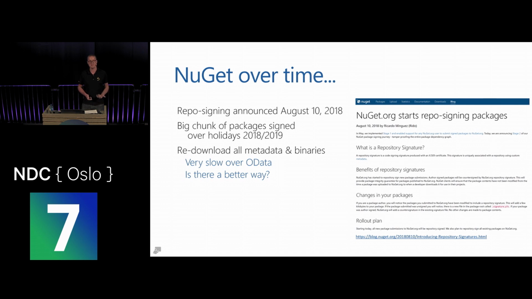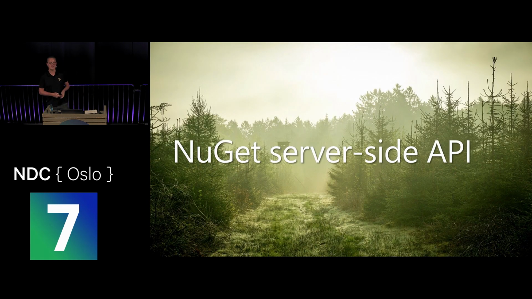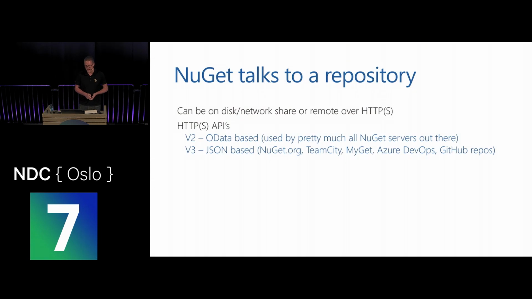So even when the repo was approximately 2 terabytes, all of a sudden, after this package signing happens, all of those packages would reappear on the feed and we would have to re-index them, even though nothing really changed apart from that signature. So a couple of things. Also, we wanted to think about changing the way we were actually doing the indexing. So let's talk about the NuGet server-side API for a little bit so you can imagine how you could start working with it and fetch data from it.